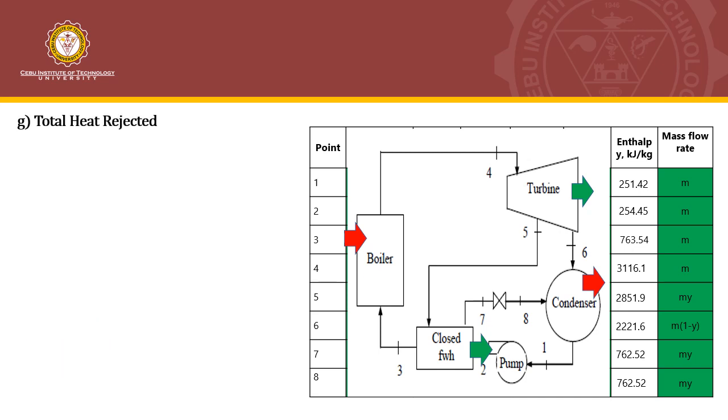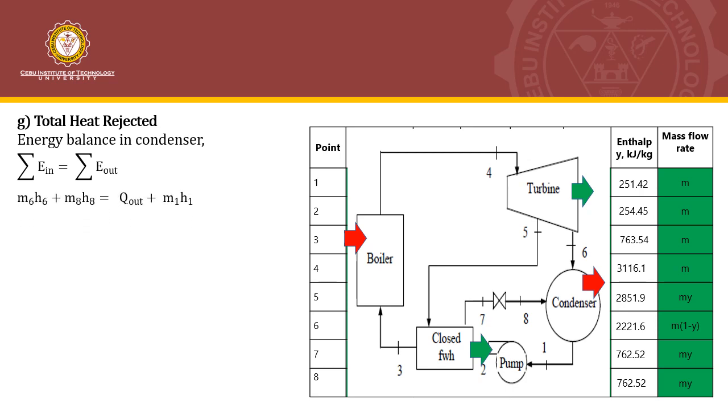For the total heat that is rejected, we're going to give our attention to the condenser. Using energy balance in the condenser, energy in is equal to energy out. We can see here that the incoming are 0.6 and 0.8, and the outgoing are Qout, which is the energy rejected here indicated by this red arrow, as well as the energy leaving here at 0.1. That's why we have here M1H1. Substituting the values of the mass flow through the condenser, M6, M8, as well as M1, we can find this equation instead.